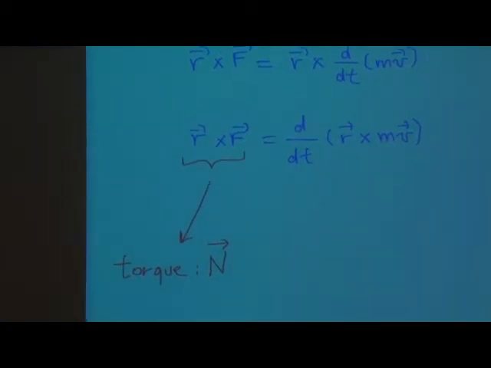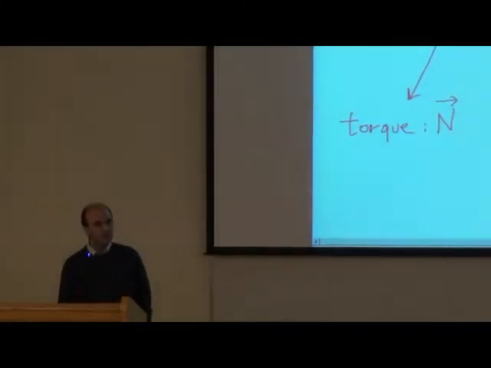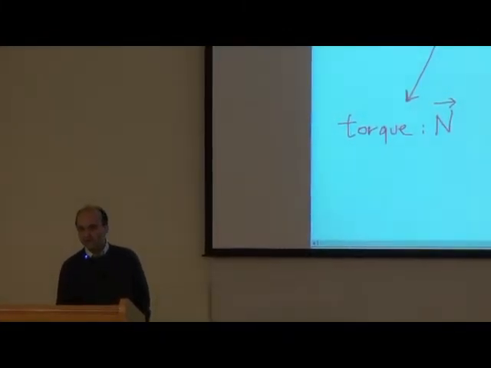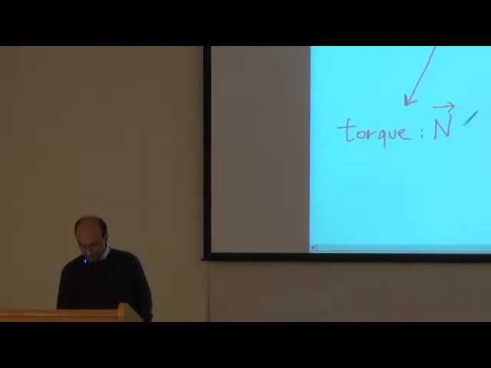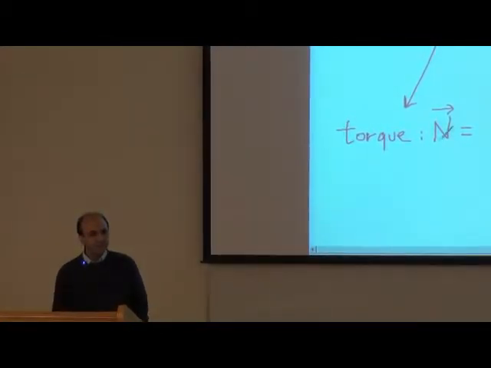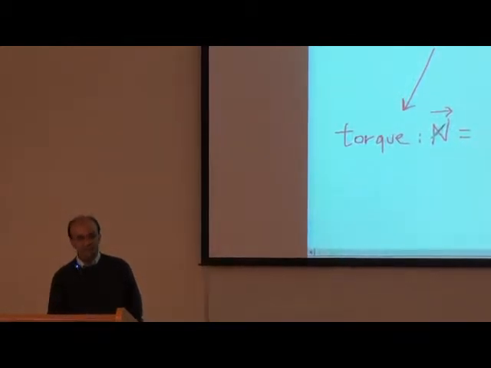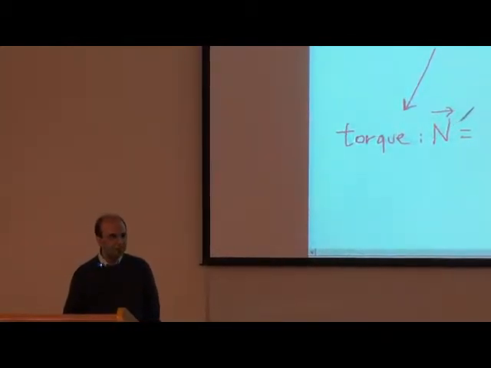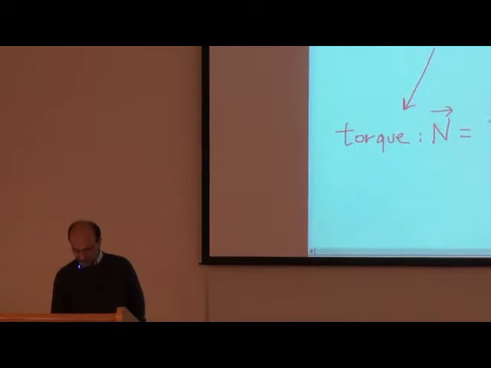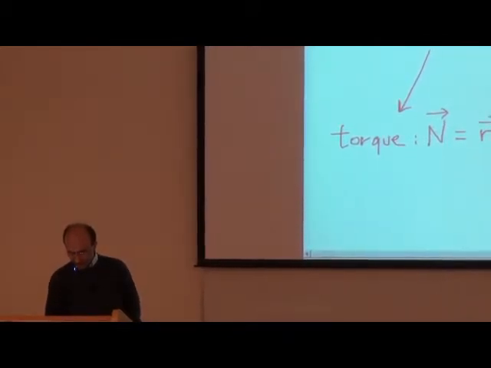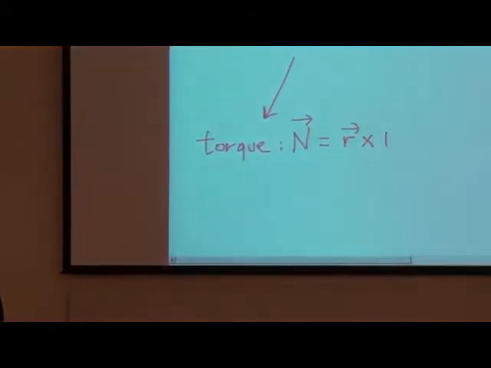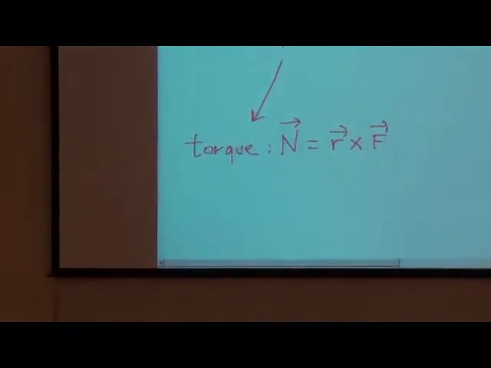Is it a vector? Yes, it is, because the cross product of two vectors will give you a vector. Please don't be confused with this N, since you must have used N for normal force as well. In this context, N is the torque, R position vector cross product with the force.